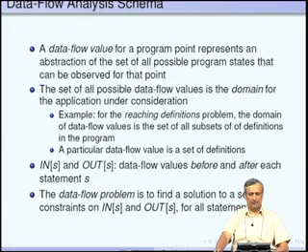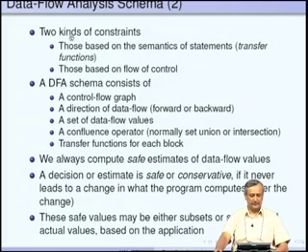In both problems we computed the in and out sets, which are the data flow values before and after each statement. The general problem of data flow analysis is to find a solution to the set of constraints on in and out for all statements.